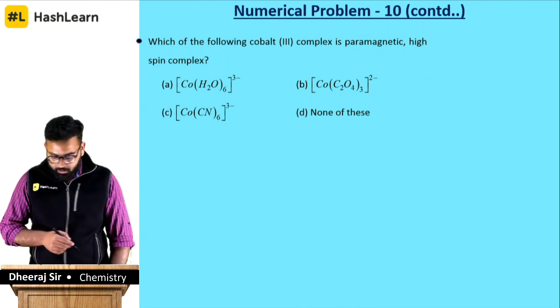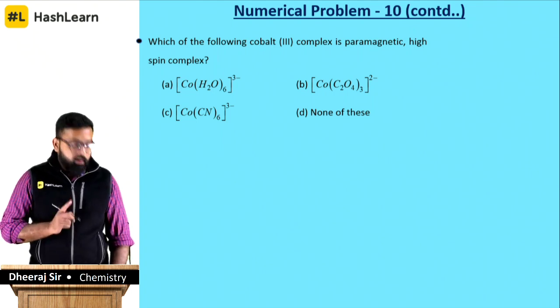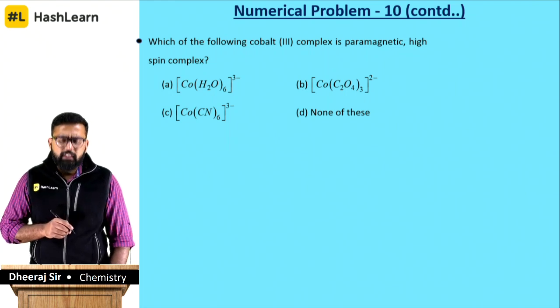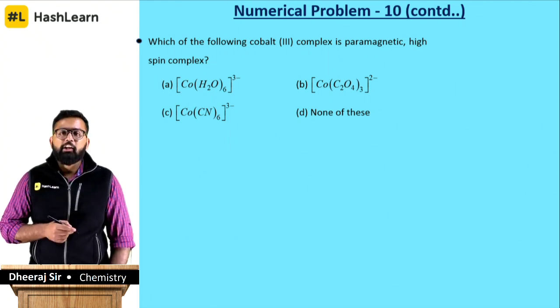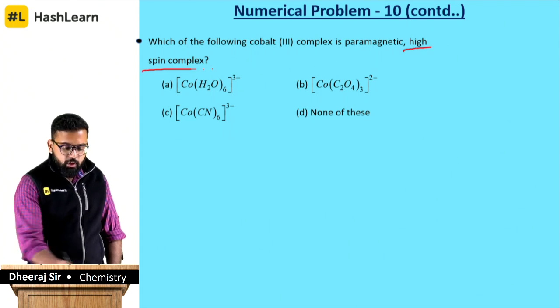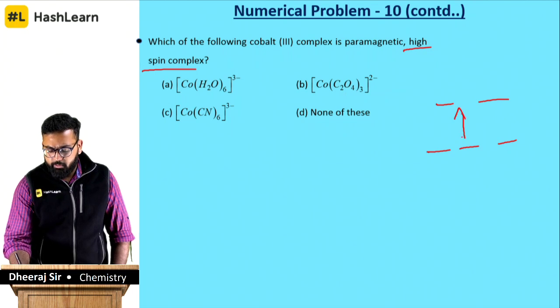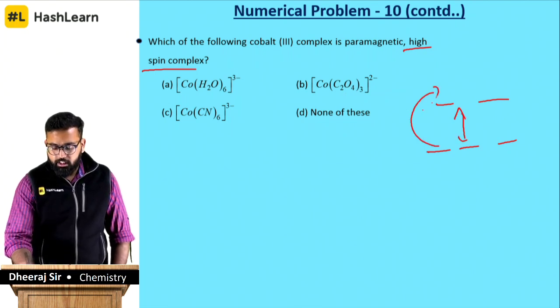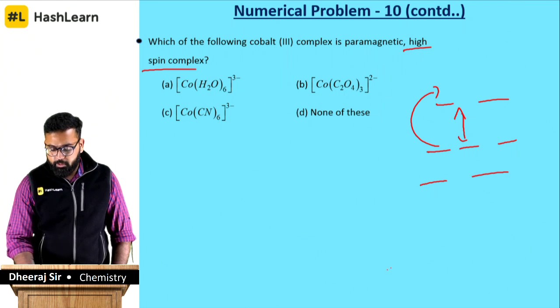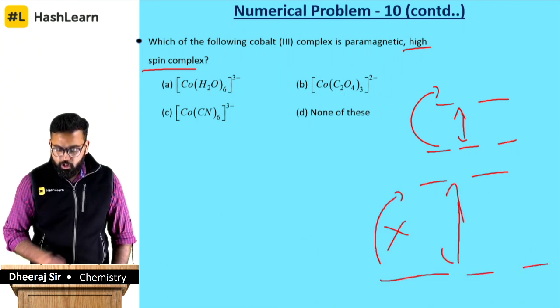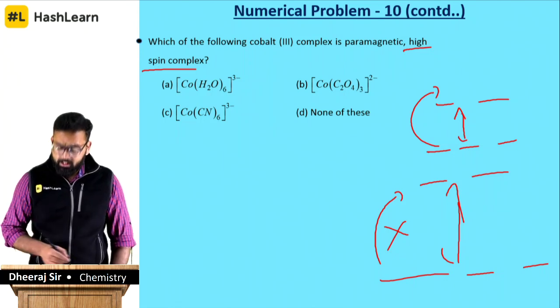Sakshi says it's 10B. Okay. Pooja says it's 10C. Let me tell you, what decides whether it is paramagnetic or diamagnetic? Unpaired electrons. What decides whether it is a high spin or low spin complex? Guys, it's really simple. If the energy difference between the two levels is really low, electrons can get promoted. If the energy difference between the two levels is really high, the promotion of electrons will not take place. What decides the energy gap between the two levels?